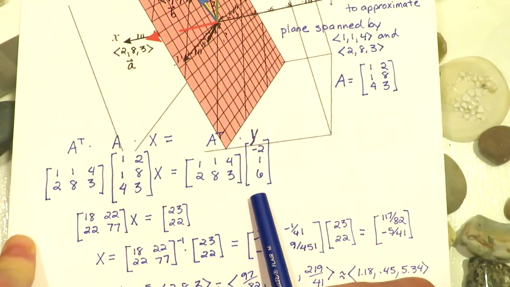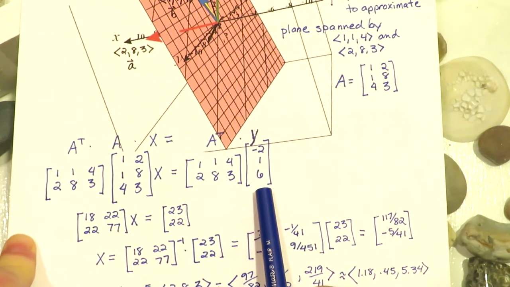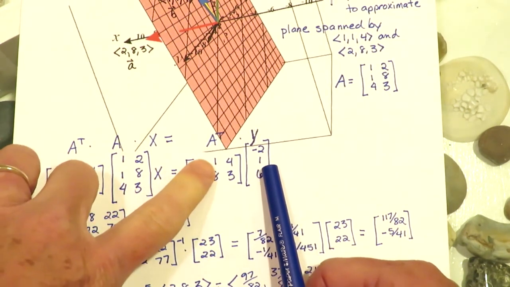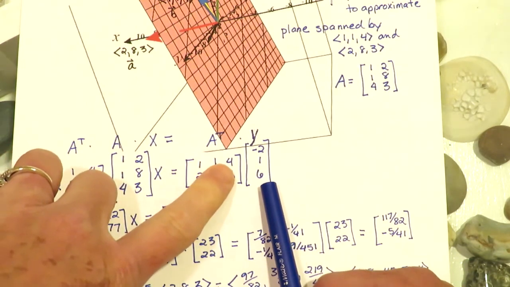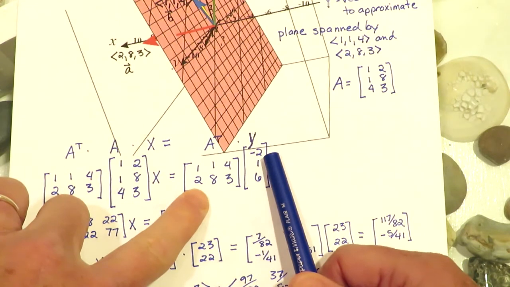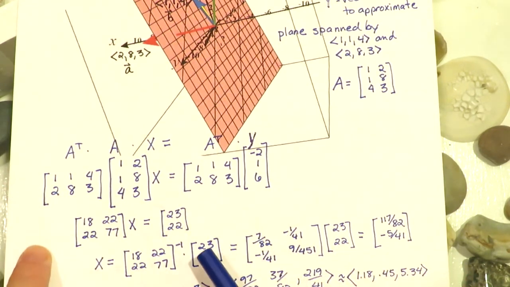On this side, we're multiplying A transpose by the vector that we are trying to approximate. So (-2, 1, 6) is a vector that does not fall in the plane. So -2 plus 1 plus 24 gives me 23. 2 times -2 plus 8 times 1 plus 3 times 6 gives me 22.